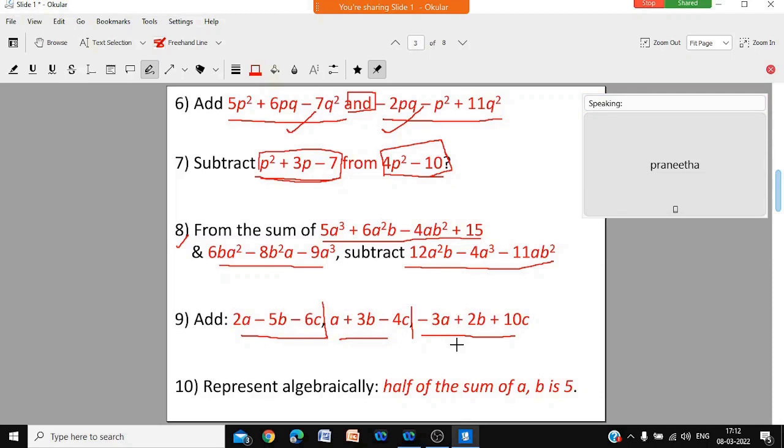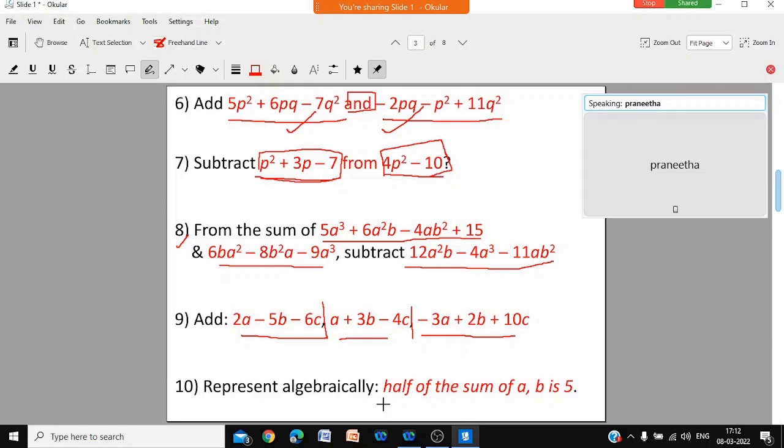Either write in column form, so that all the a's come in one vertical line, all the b's in one line, and all the c's in one line, or add all the a's together, all the b's together, and all the c's together. Very good, Betty.